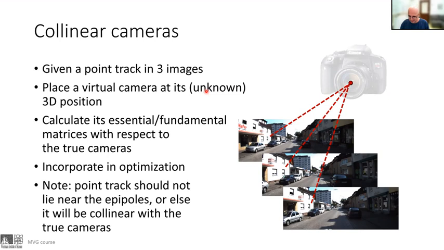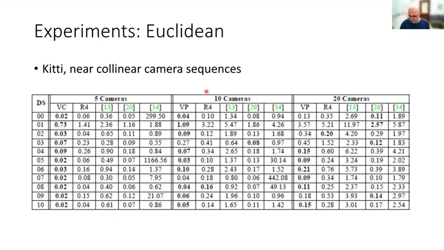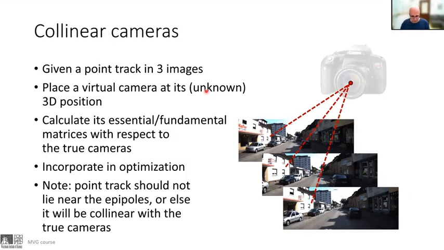If this point is not collinear with your 3 cameras, that will create a virtual camera that is non-collinear with your cameras, and you can use it to compute the fundamental or essential matrix between the virtual camera and the 3 cameras here.